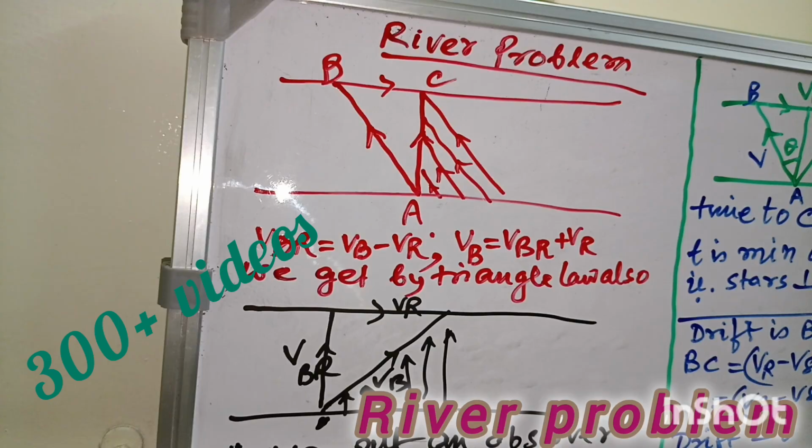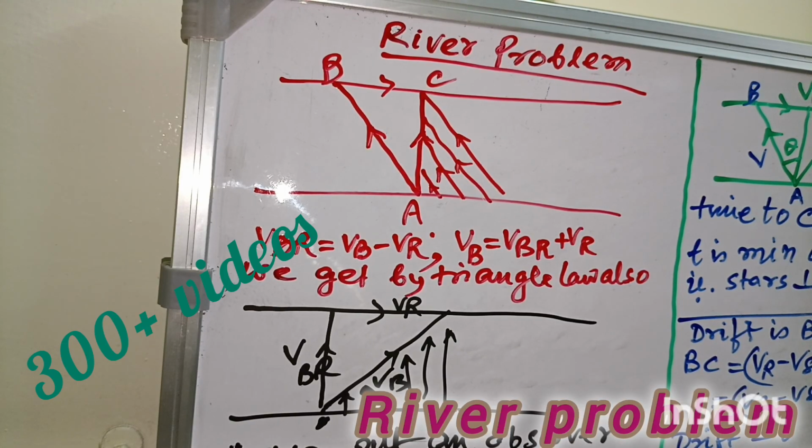So ultimately he sees a velocity parallel to AB, means the velocity AB is the velocity seen by a person moving with the river. That means AB is the velocity of this boat with respect to river.